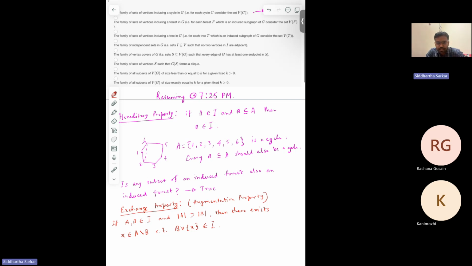Okay, so I'll give an example. Consider a graph on 5 vertices. So here is a graph.